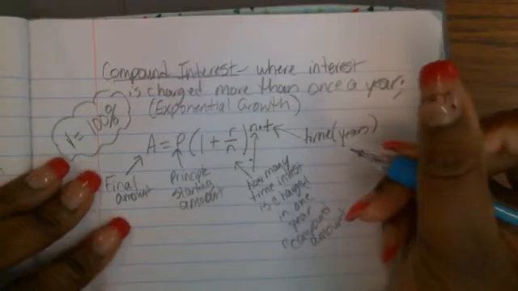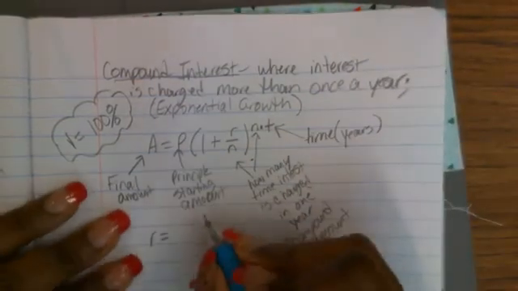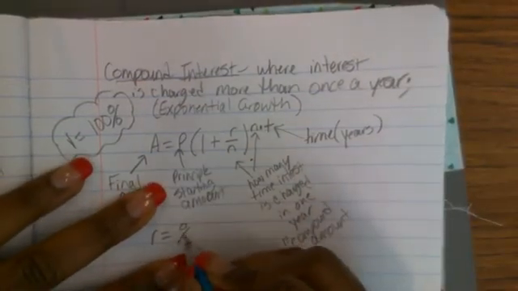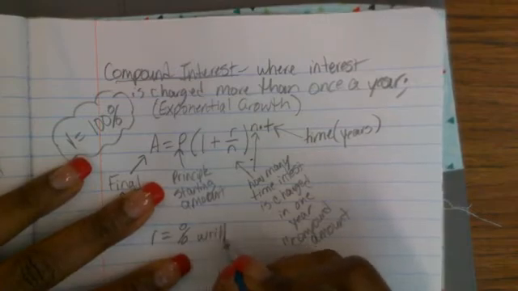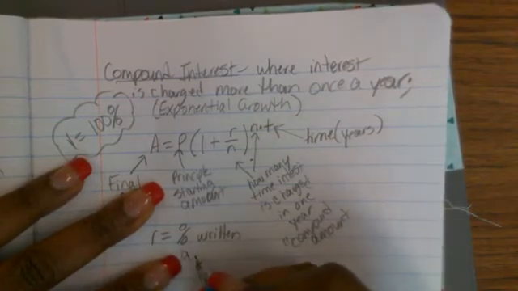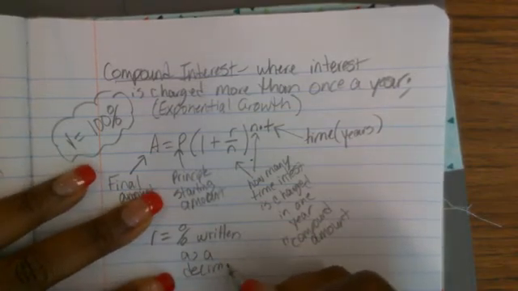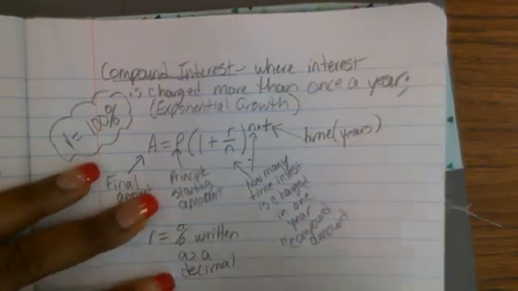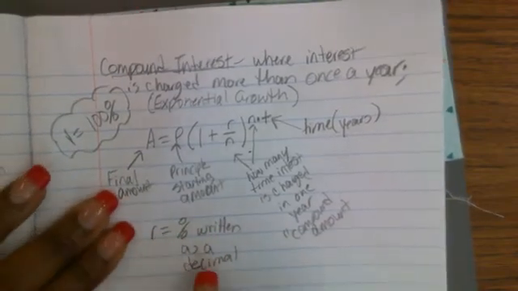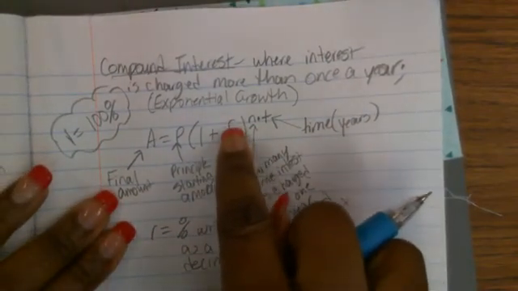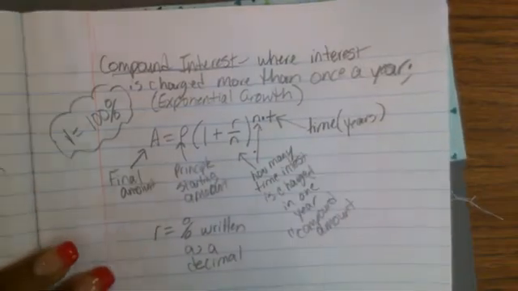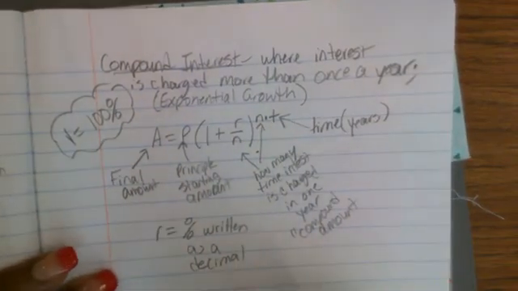Now, R, again, I need to put R here. R is equal to your percent written as a decimal. So anytime you see the percent in the problem, you need to convert your percent to a decimal before plugging it in here for R.